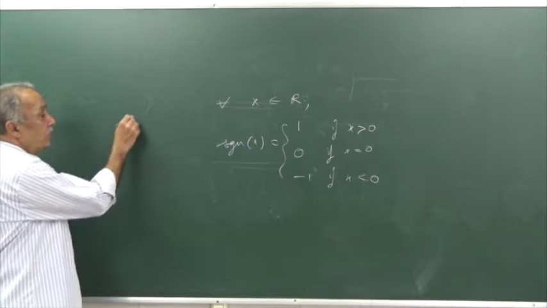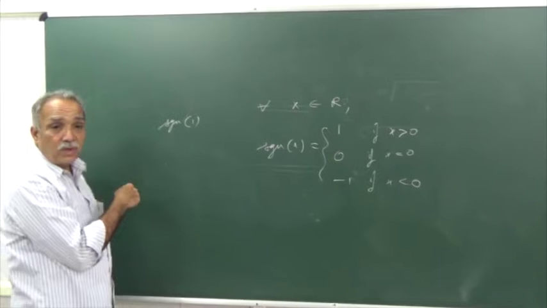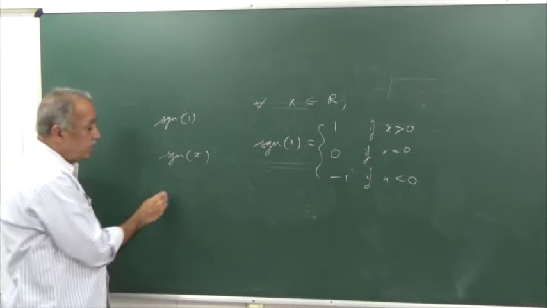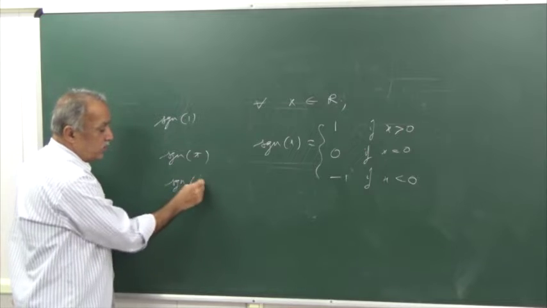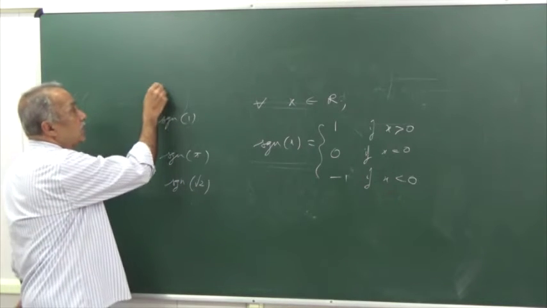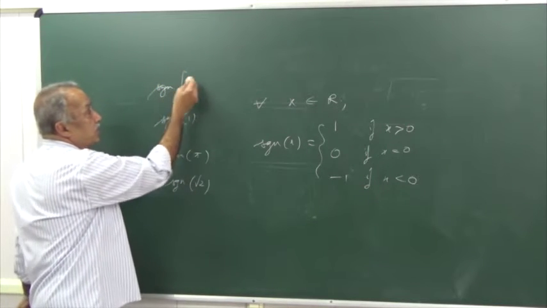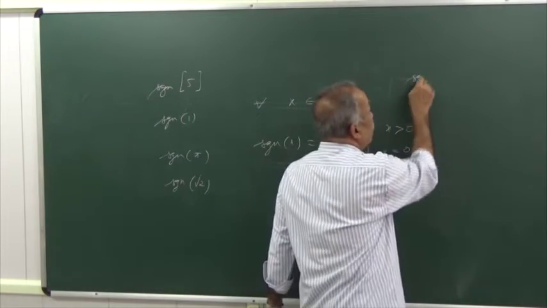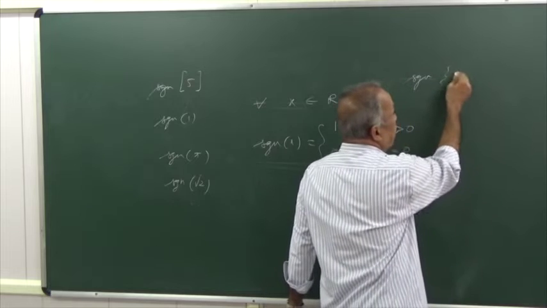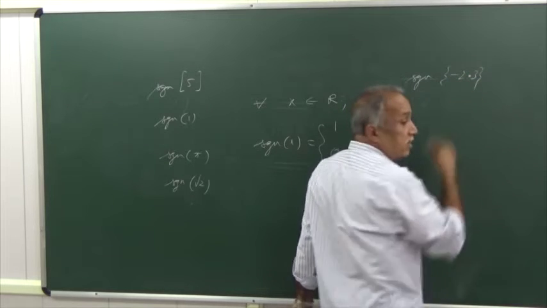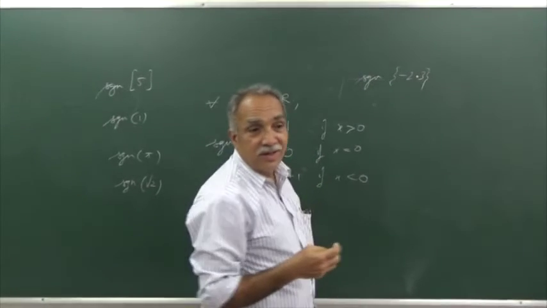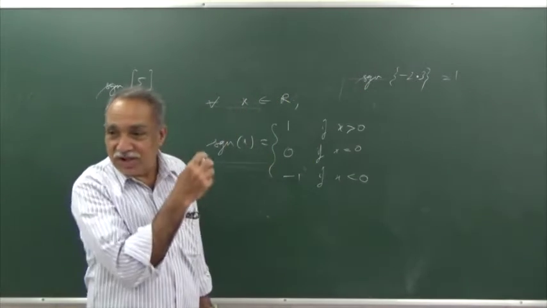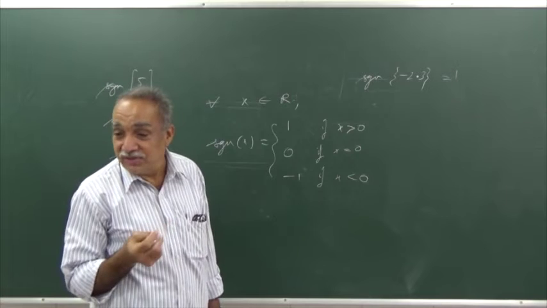So signum 1 is 1. Signum pi is 1. Signum of root 2 is 1. Signum of integer part of 5 is 1. Signum of fractional part of minus 2.3 is 1, because the fractional part of minus 2.3 is 0.7, positive.